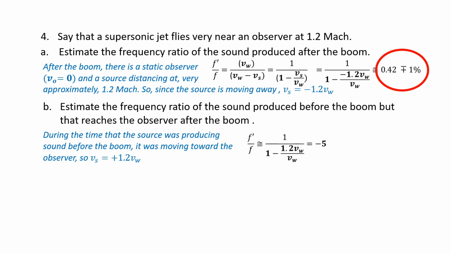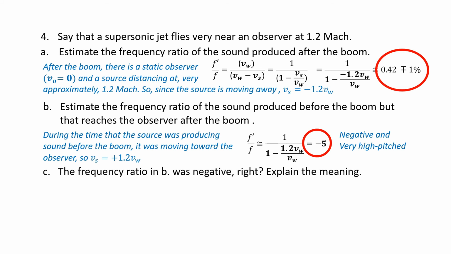Change the sign of the source velocity in the expression for the frequency ratio. We now get minus 5. The frequency ratio is negative and 5 times the original frequency. Very high-pitched.